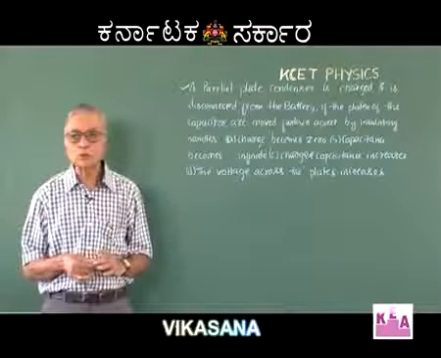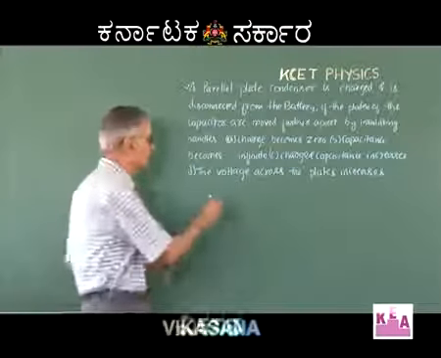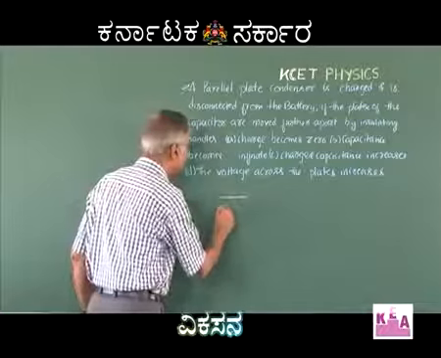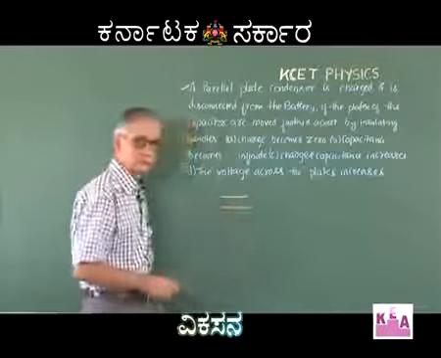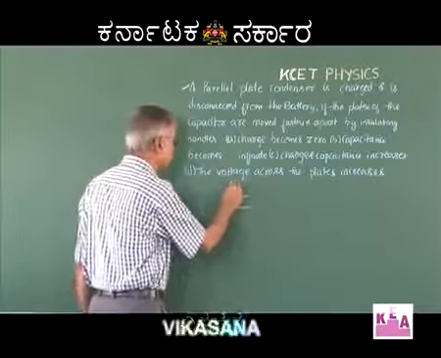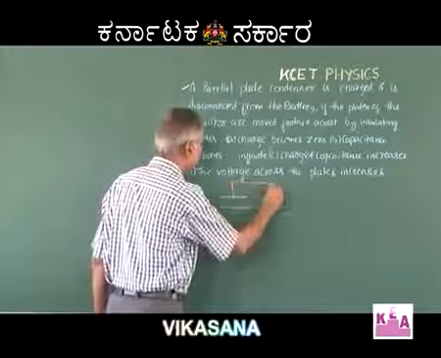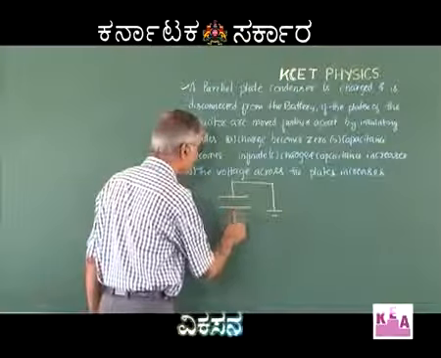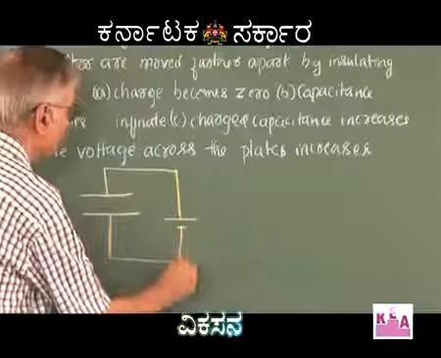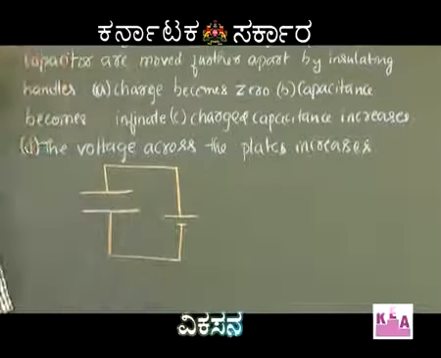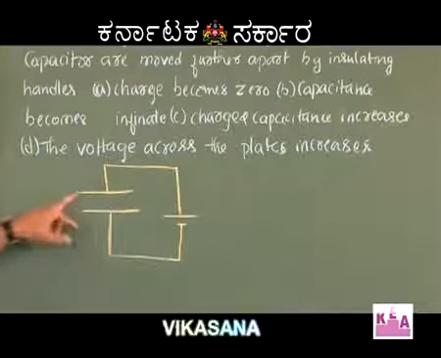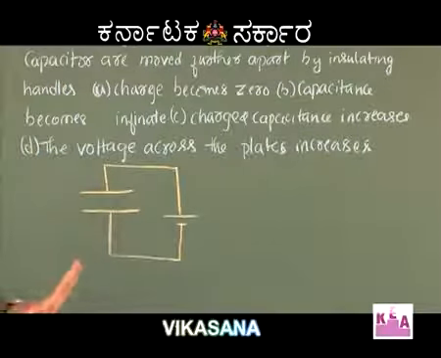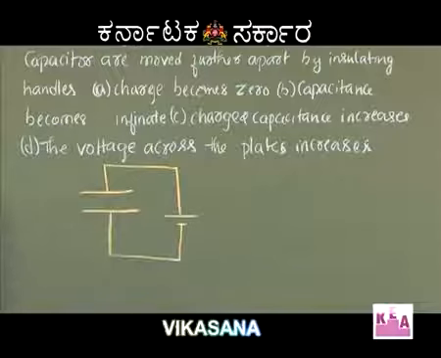I request you to please note, suppose this is a capacitor. If you want to charge it, it should be connected to the terminals of the battery as shown here. When you connect it to the terminals of the battery, the condenser will be completely charged to its full capacity.